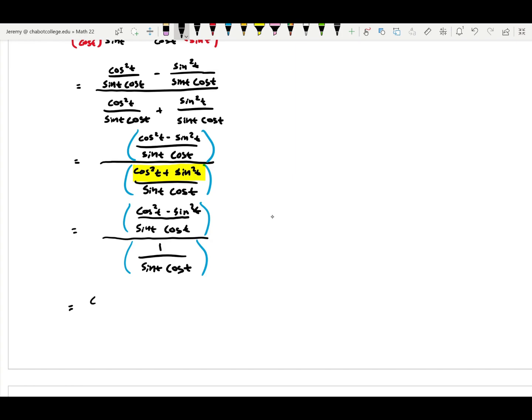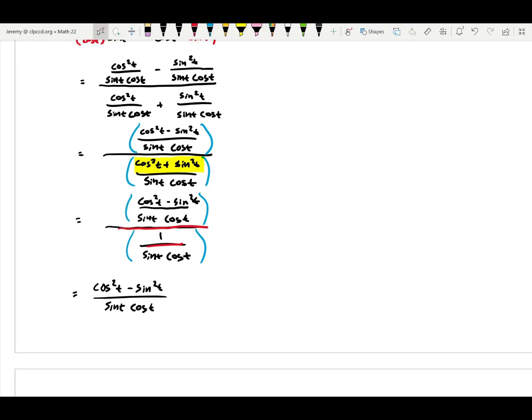So I'm glad that we're sort of emerging from that fog. And now we're multiplying by sine t cosine t over 1.